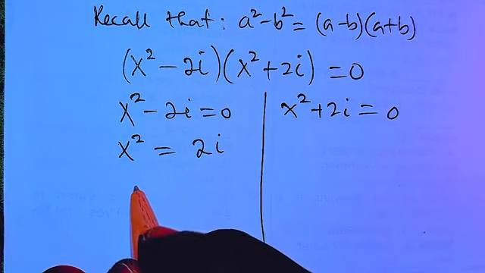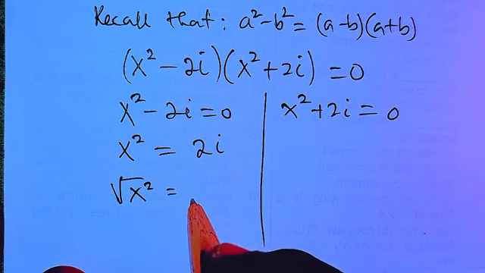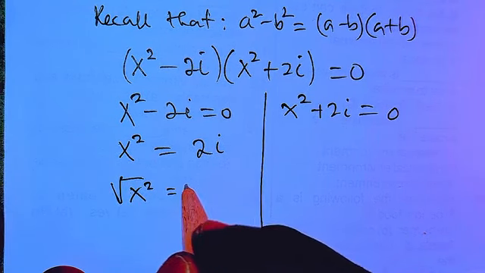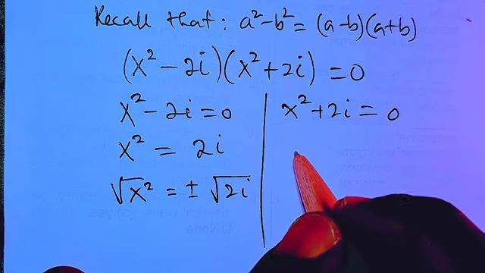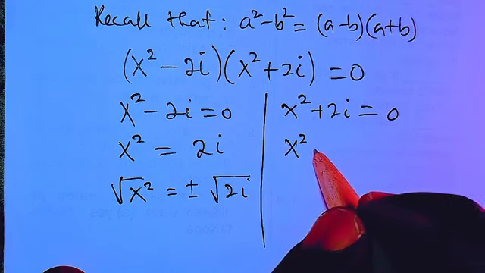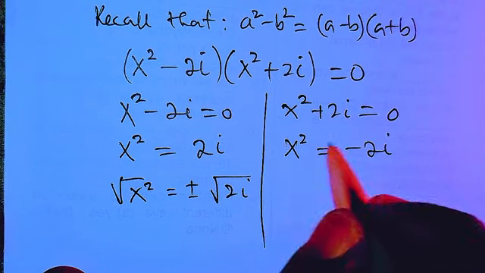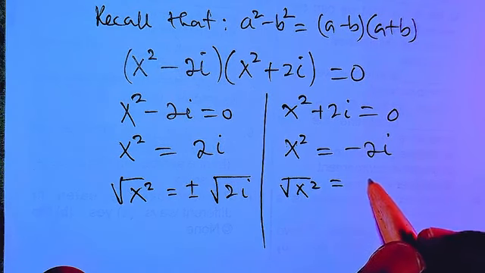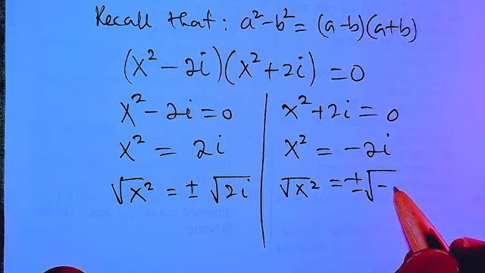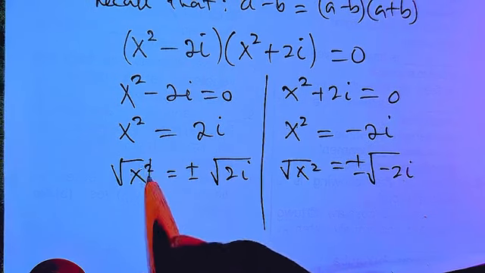Then we take the square root of both sides, we're going to have plus or minus square root of 2i. Then here we're going to have x squared equals minus 2i. So we take the square root of both sides, so we're going to have plus or minus square root of minus 2i. Are you following?